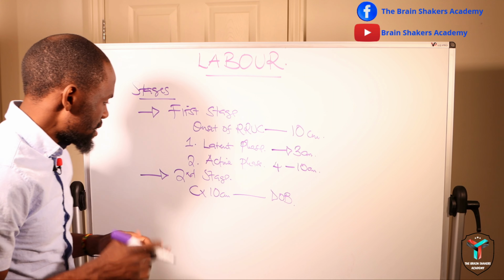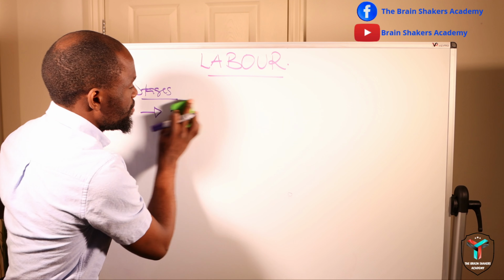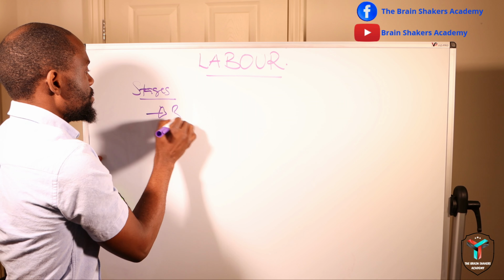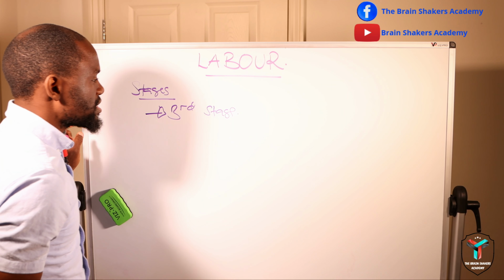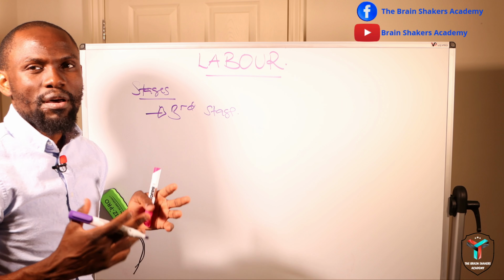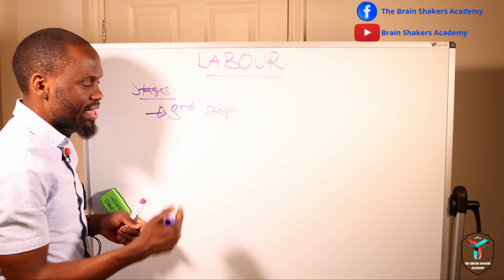Then we can look at what we classify as the third stage of labor. Okay, so the third stage of labor is characterized by the delivery of the placenta and its membranes, and it's often referred to as the delivery of the afterbirth.